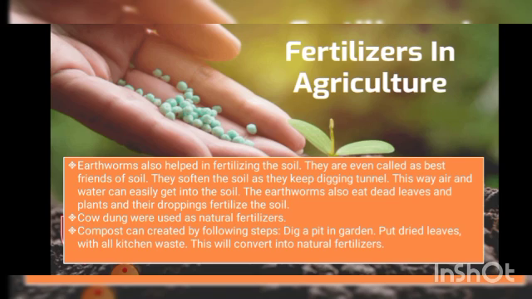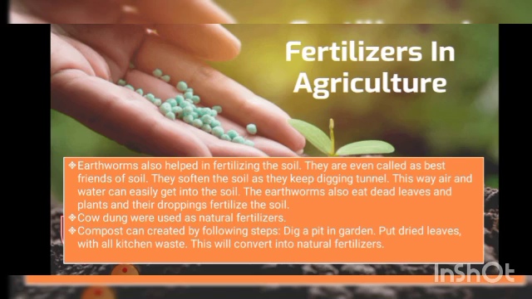Yes, very well said. Because they always help you whenever you are in need. Right? They also enhance the best qualities of yours. And what is the best quality of soil? That it is fertile. So that means earthworms increase the fertility of the soil. And that's why they are called the best friend of soil.